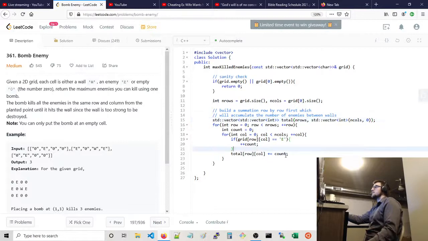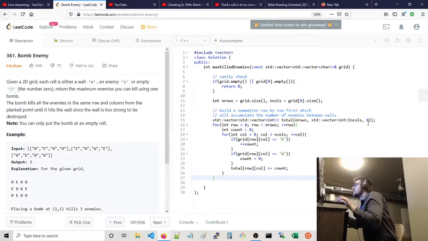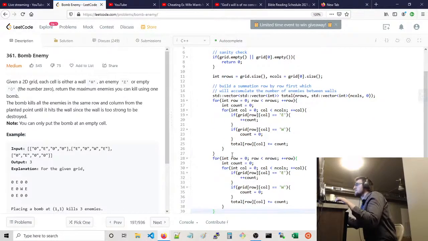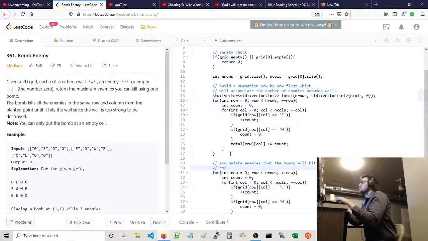We update these to count, and if it's a wall, set the count back to 0. Then we also accumulate enemies the bombs will hit, column by column.